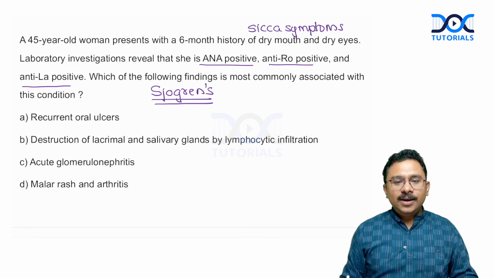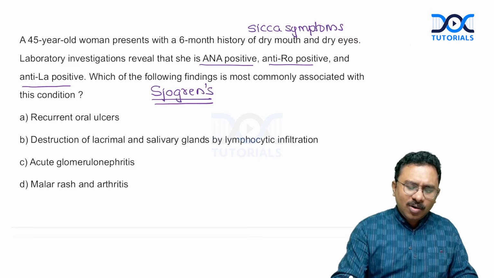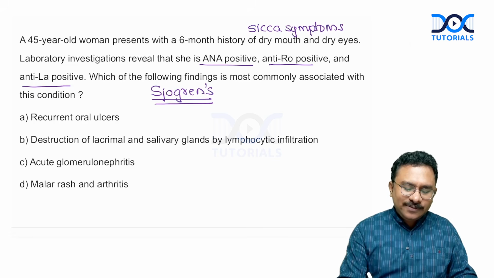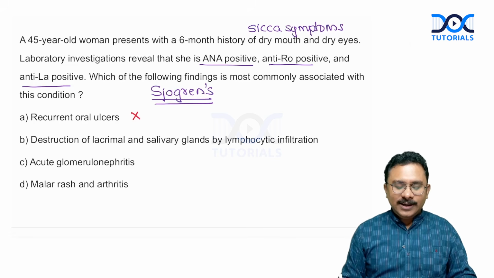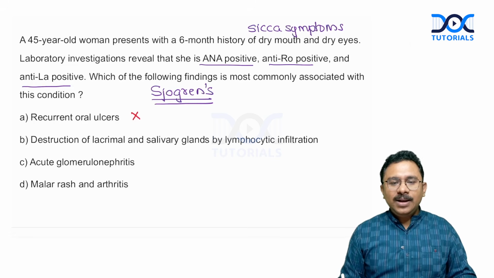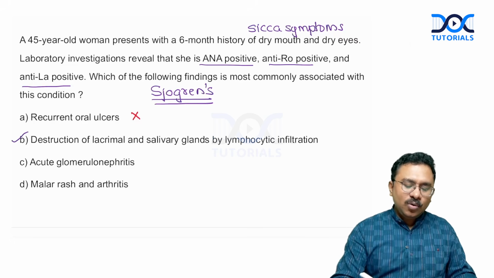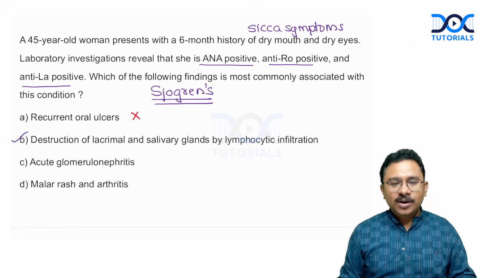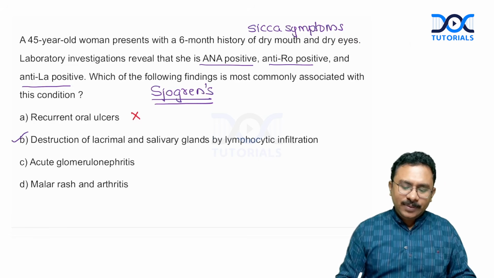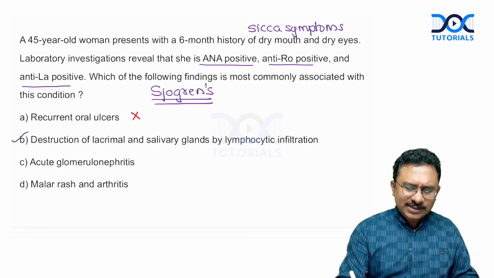So is it recurrent oral ulcers? Recurrent oral ulcers, again, more suggestive of Behçet's. So I'm not considering that. Destruction of lacrimal and salivary glands by lymphocytic infiltration, which very well correlates with the pathology of Sjogren's syndrome. That can very well be the answer. Acute glomerulonephritis, I don't think so.